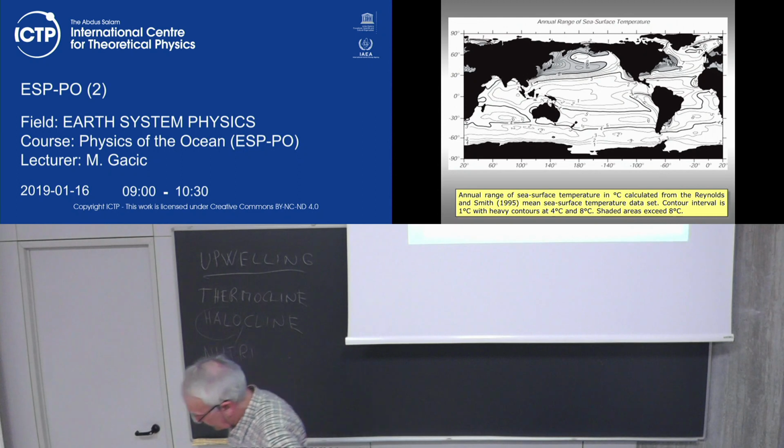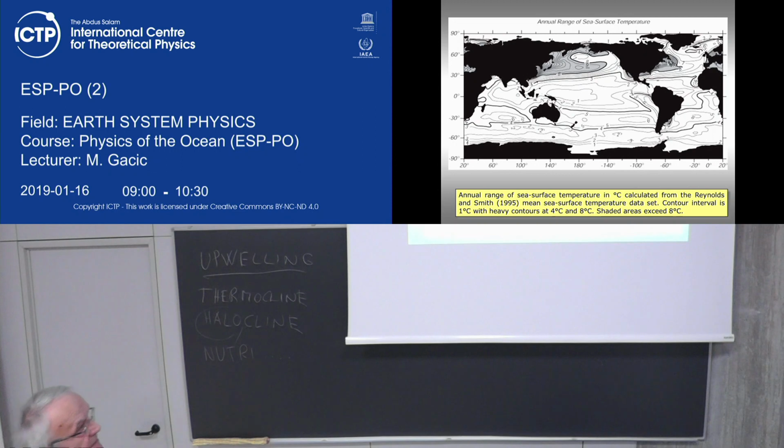Obviously, the annual range of temperature is a function of the season. Annual range of sea surface temperature means the difference between summer and winter, or maximum and minimum temperature over the ocean surface.